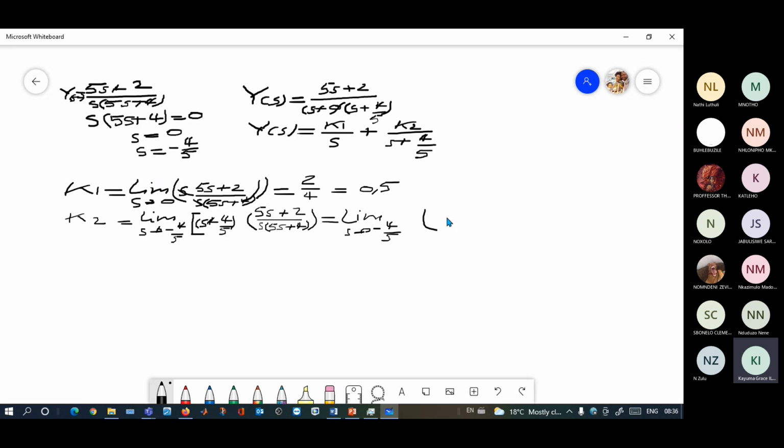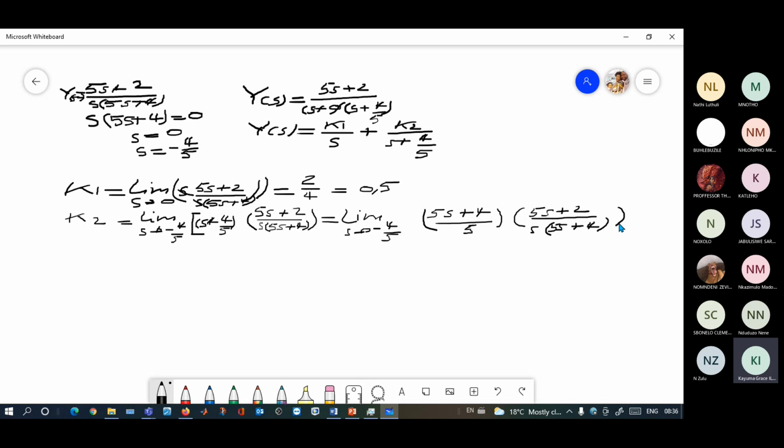When you open the brackets, we'll have here 5s plus 4 over 5, and on the other side we'll have 5s plus 2 over s times 5s plus 4.